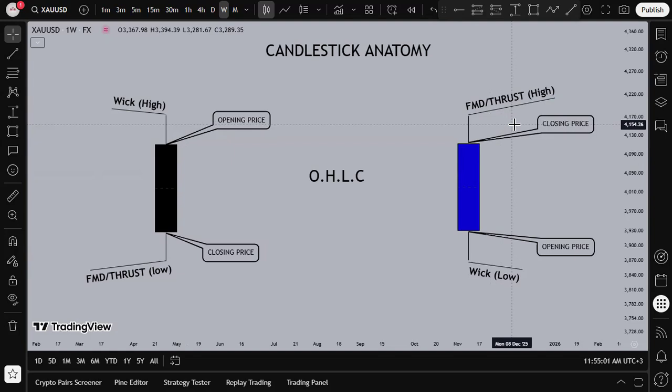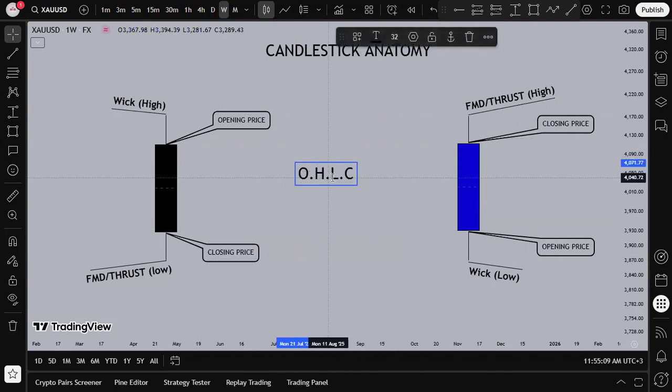Okay. Now you have to understand this very, very well. Probably you have seen this term and you didn't know what is the meaning behind it. This term, OHLC, you see it every day in your chart at this point here.